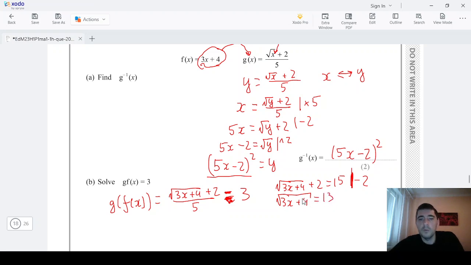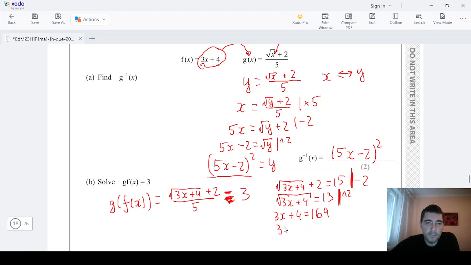Okay, so now we've got x under the square root, so we need to square both sides. We'll get 3x plus 4 equals 13 squared. 13 times 13 is 169, and we've got a simple equation remaining, so just take 4 from both sides.